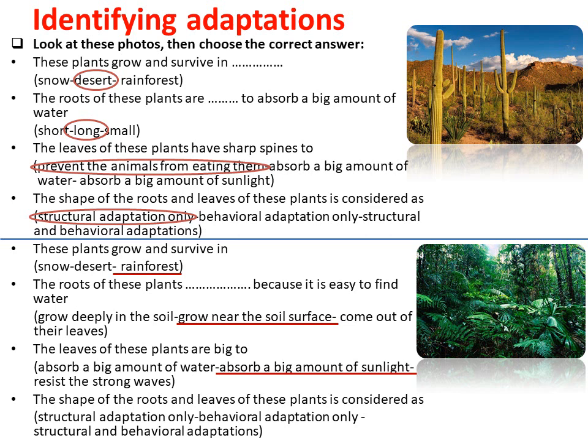And finally, the shape of the roots and leaves of these plants is considered as structural adaptation only, behavioral adaptation only, or structural and behavioral adaptations. Again, any change in the shape or structure in the plant body is of course structural adaptation only. It doesn't make any action or behavior.